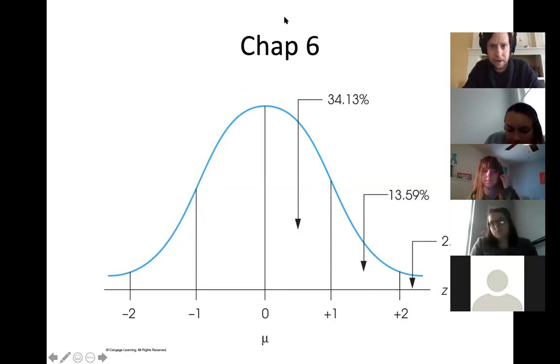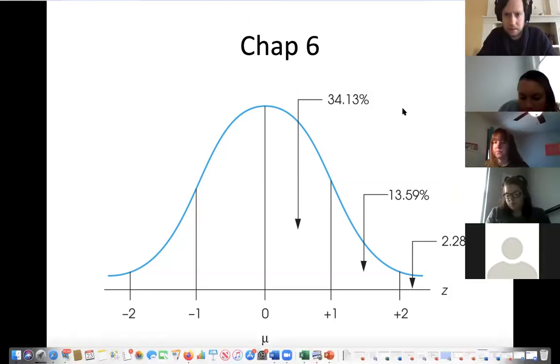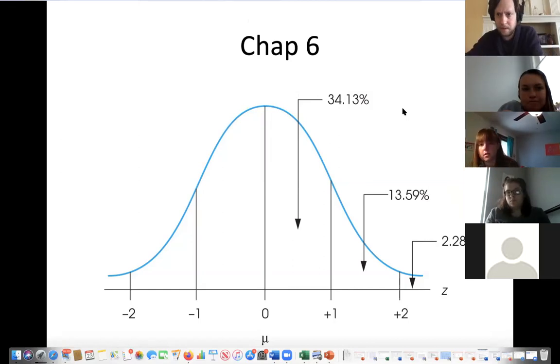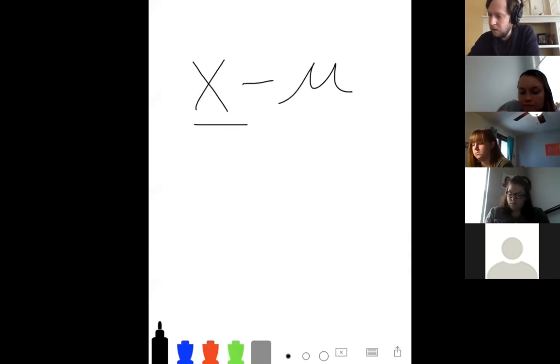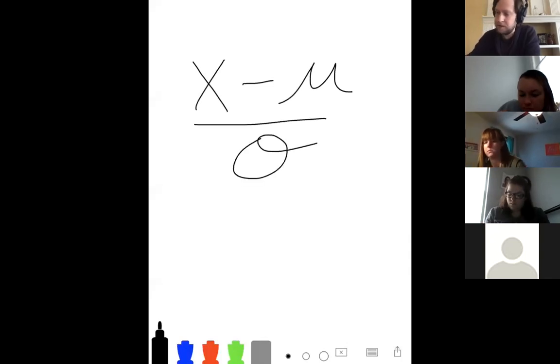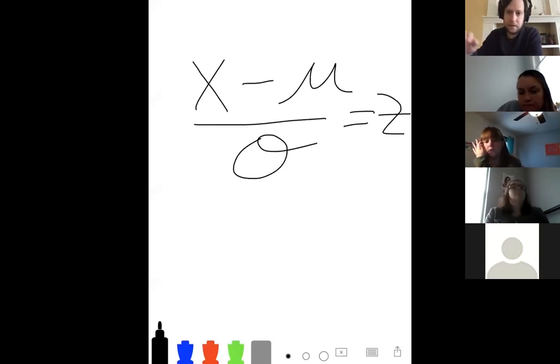So I'll draw that here on my little whiteboard. Can you see my whiteboard now? Okay, x minus mu over the standard deviation. That is our formula for z.